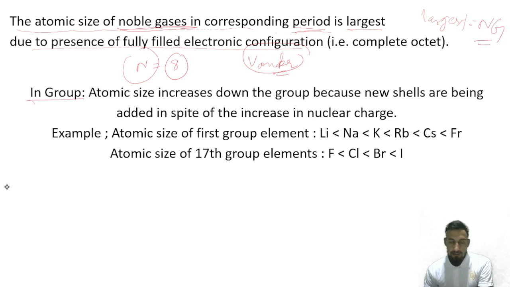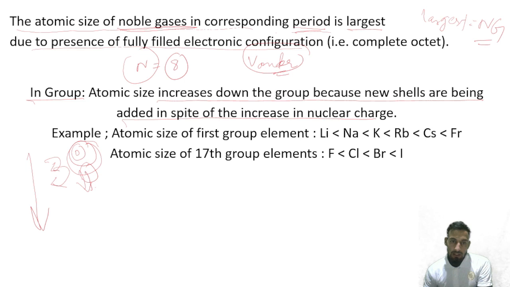Now what is the trend in the groups? Atomic size increases down the group because new shells are being added in spite of the increase in the nuclear charge. जब हम down the group जाते हैं तो एक कॉलम से दूसरे कॉलम तक, अगर पहले में एक shell थी तो दूसरे में 2 आ जाती हैं, तीसरे में 3, चौथे में 4, ऐसे ही एक एक शेल ऐड होती जाती है.